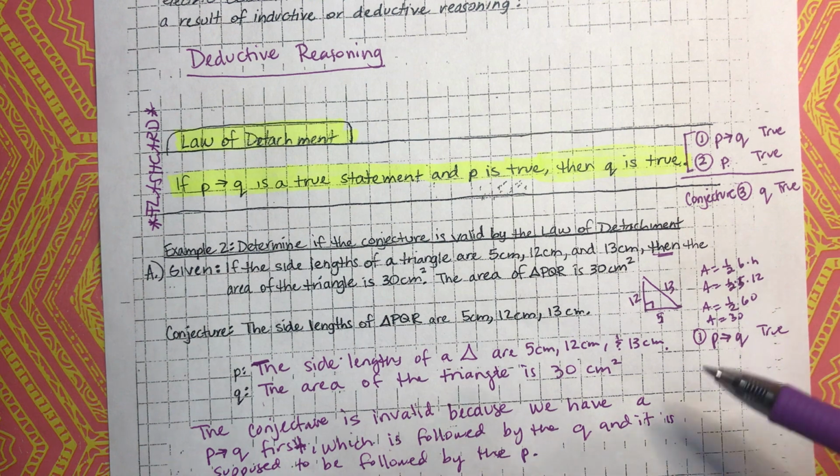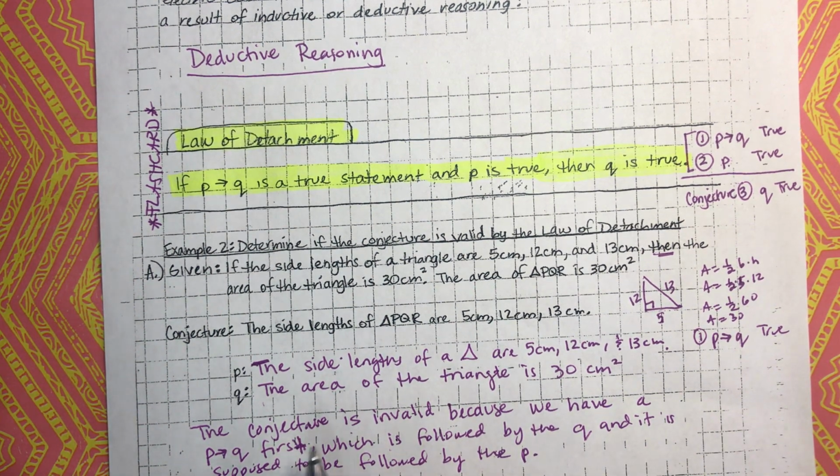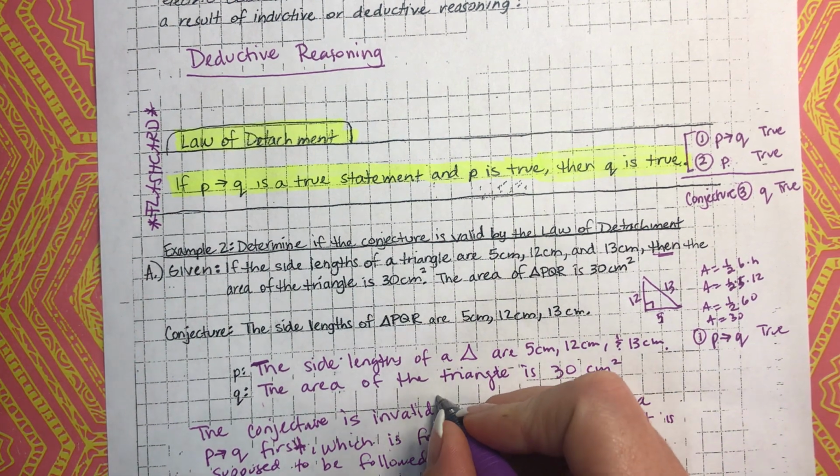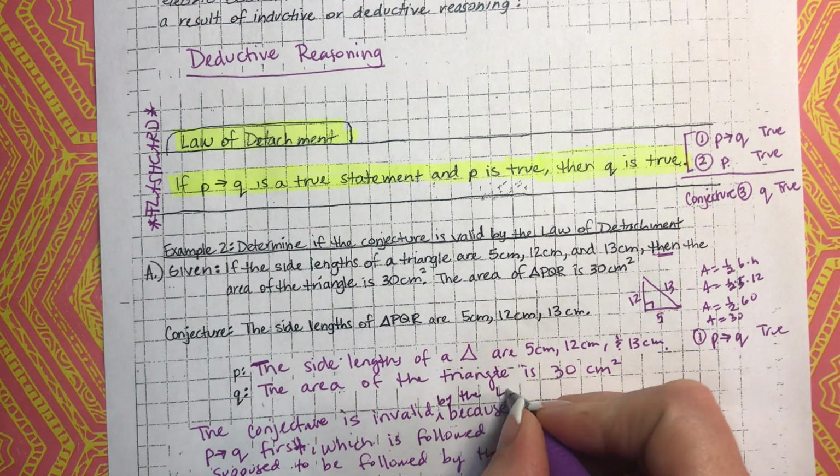So it's followed by the conclusion when it's supposed to be followed by the hypothesis. So the conjecture is invalid. I should probably say invalid by the law of detachment.